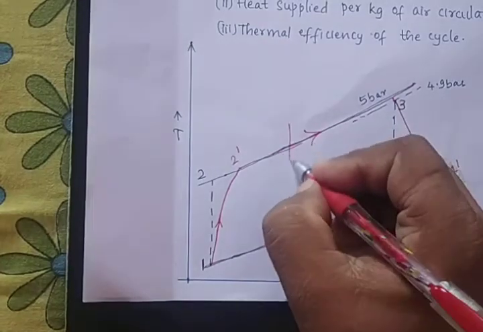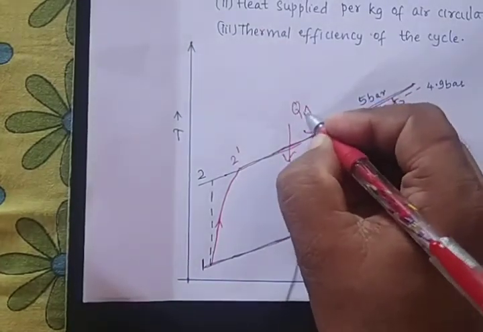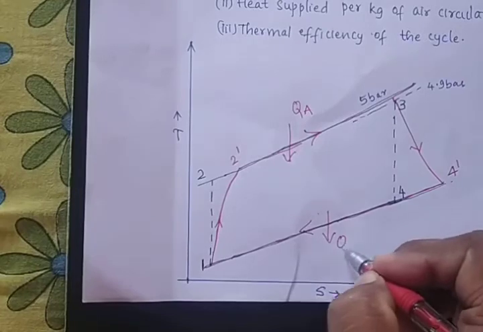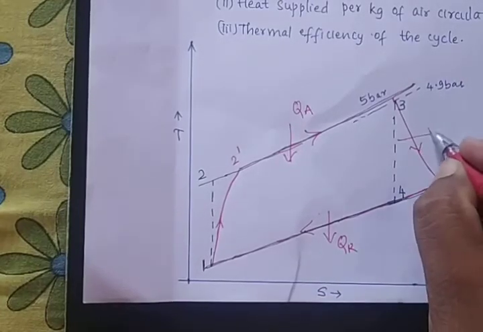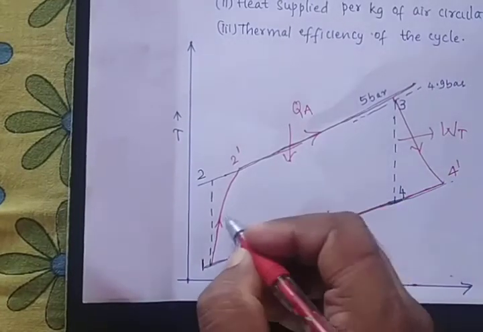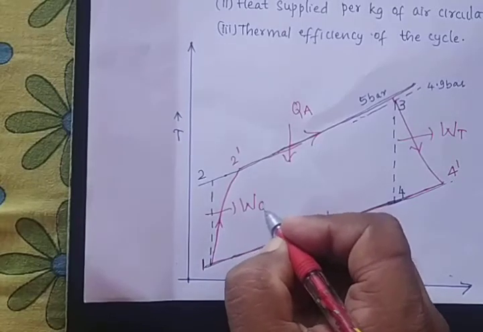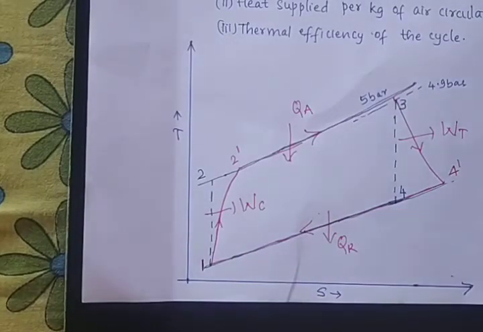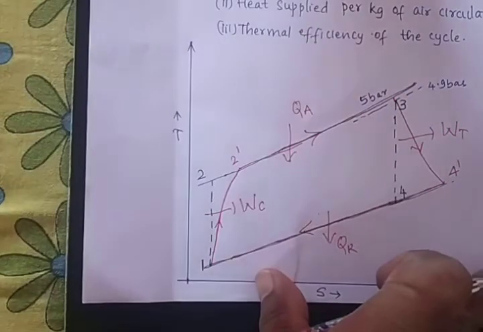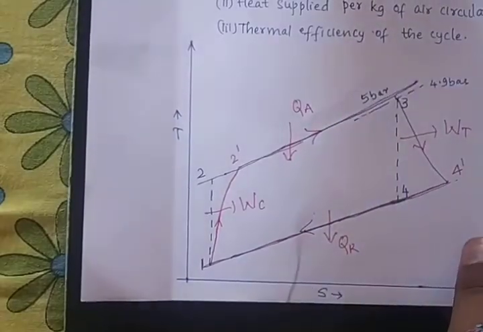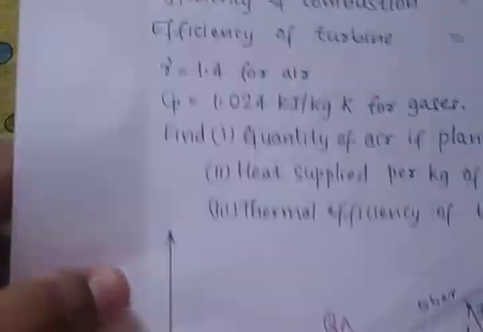So heat added, heat rejected, work done by turbine, and work of compression. So if you mark these things in the problem, I presume that we are almost 30 to 40% through the problem.